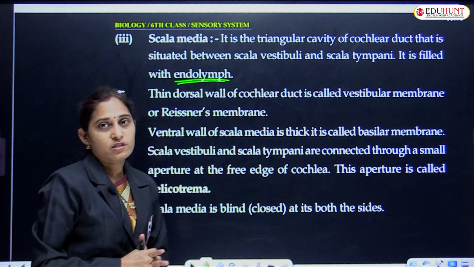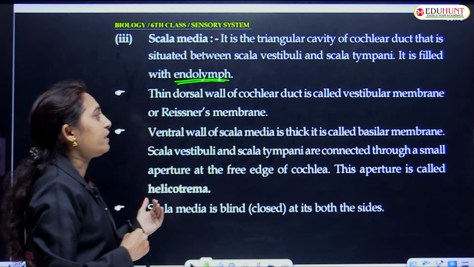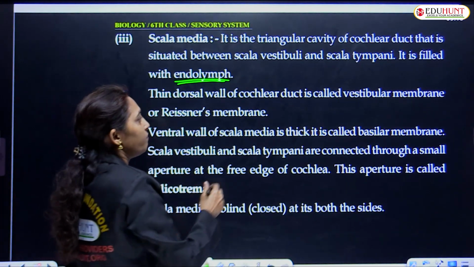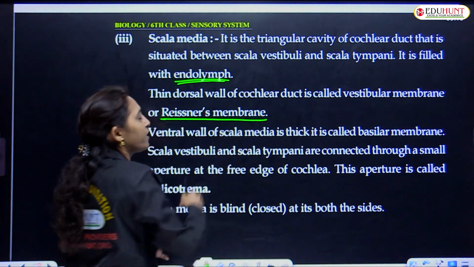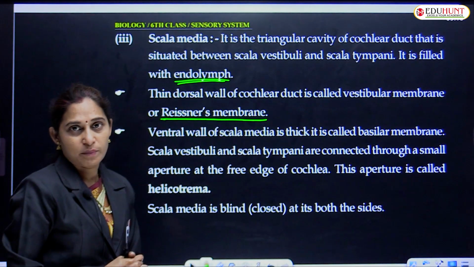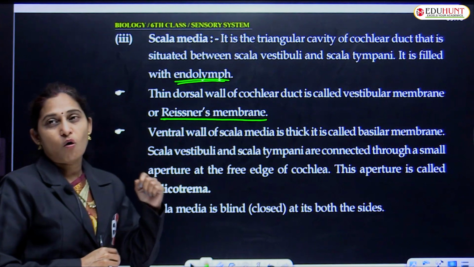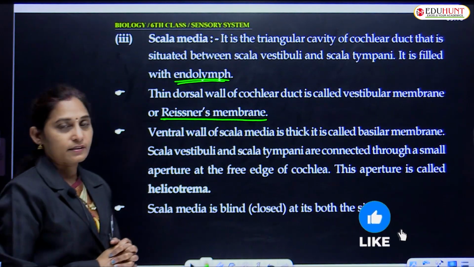The thin dorsal wall of the cochlear duct is called the vestibular membrane, also called Reissner's membrane. Reissner's membrane is the thin wall of the cochlear duct.